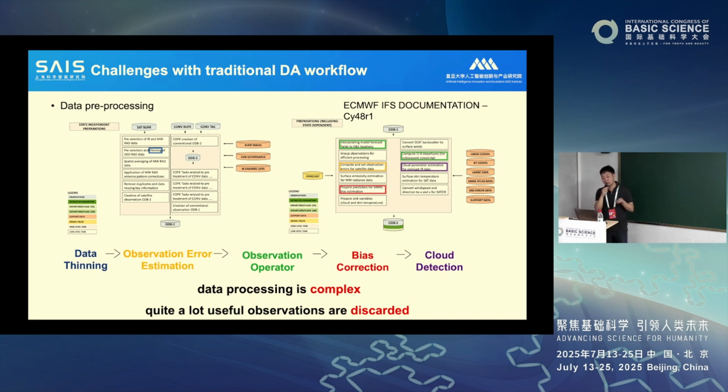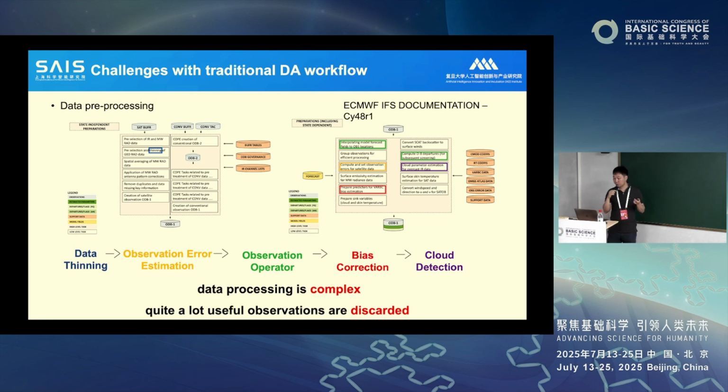Once you know some systematic error in observation, you do the bias correction. And for satellite observations over cloudy regions, the observations are not quite good. You need to do cloud detection to remove those observations where you observe clouds.